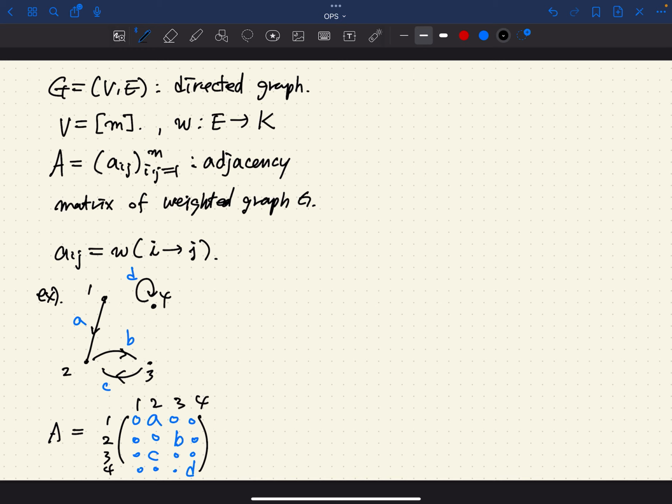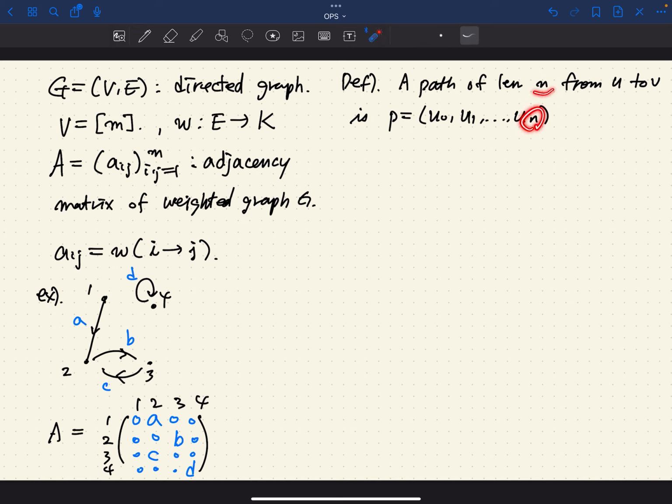All right, and some definitions. A path of length n from u to v is a sequence of vertices, where we start from index 0 and end at index n.